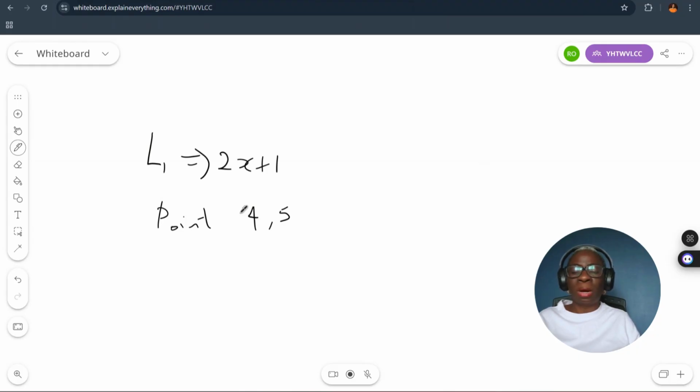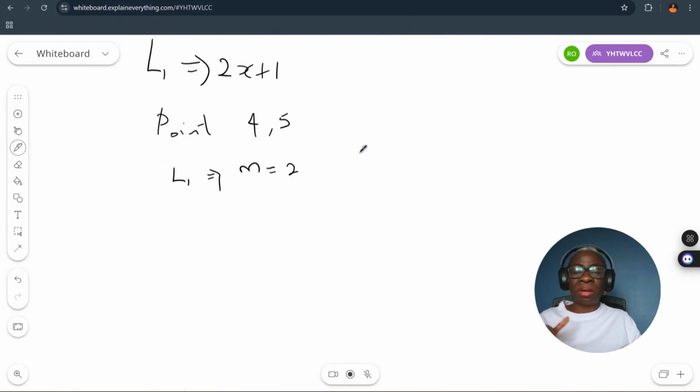So from L1, we can tell that the gradient is 2. And since L2 is perpendicular to L1, that means that the gradient of L2 will be the negative of the inverse of the gradient of L1.